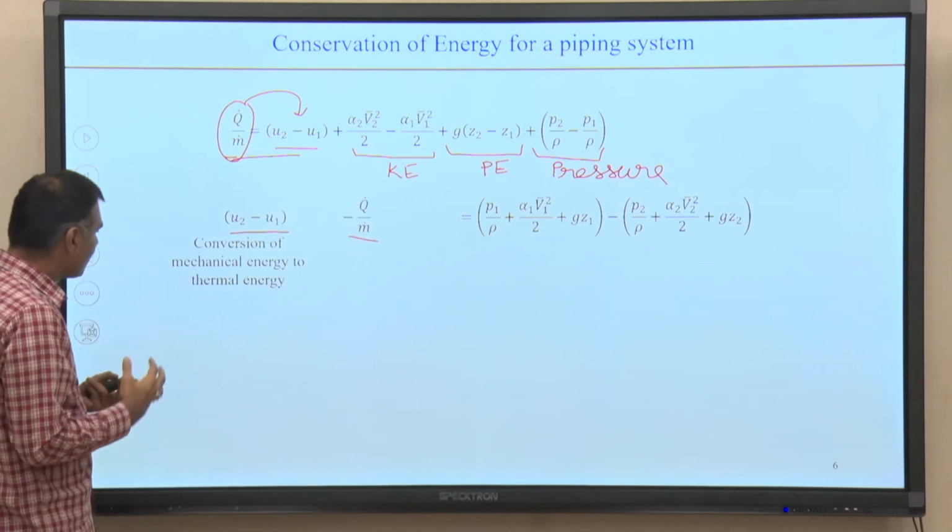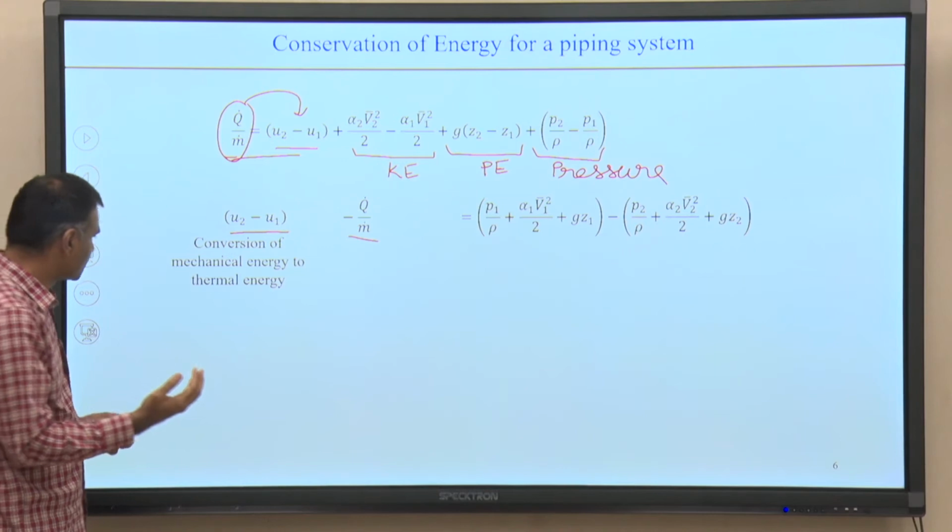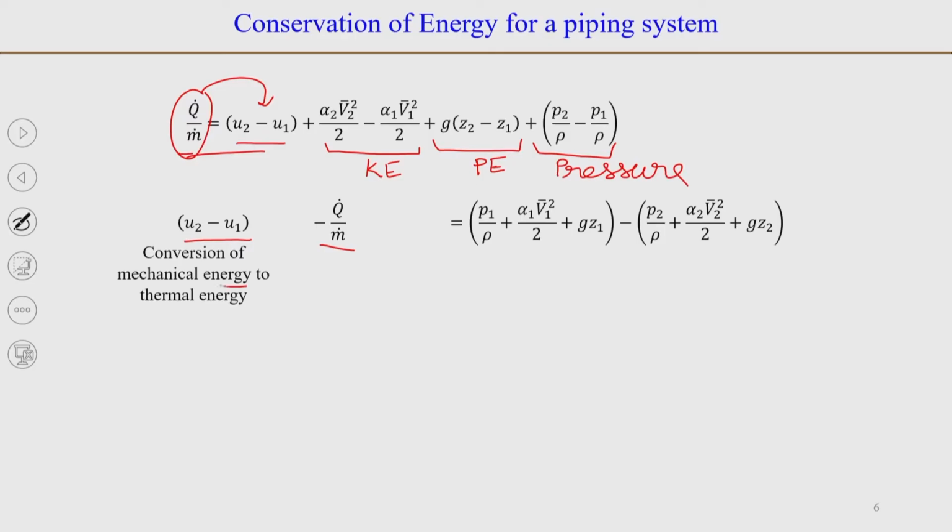Because of frictional losses, the mechanical energy is going to change into thermal energy, and some of this energy may be lost because of heat transfer. So, that is the total losses. If you consider this, it gives you the total loss due to friction.